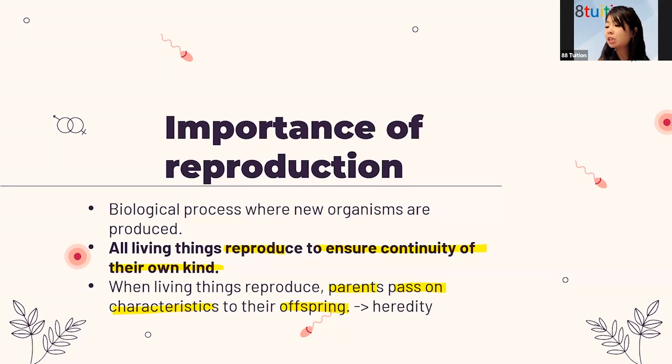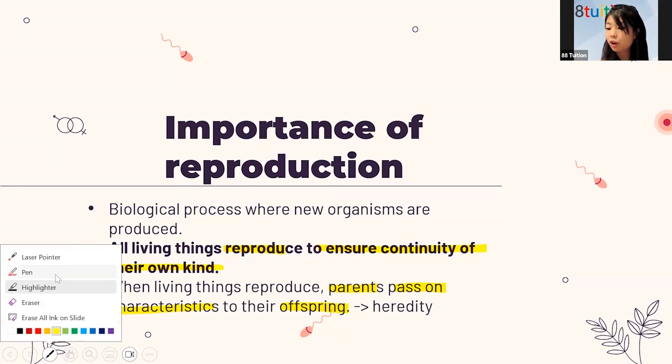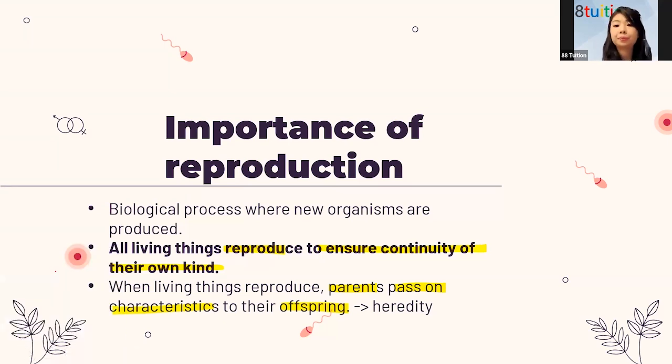Okay, Amelia, this genetic material that is passed from generation to generation, where is it found? This hereditary information, this genetic information. Amelia, where is it found? Amelia, you heard my question?